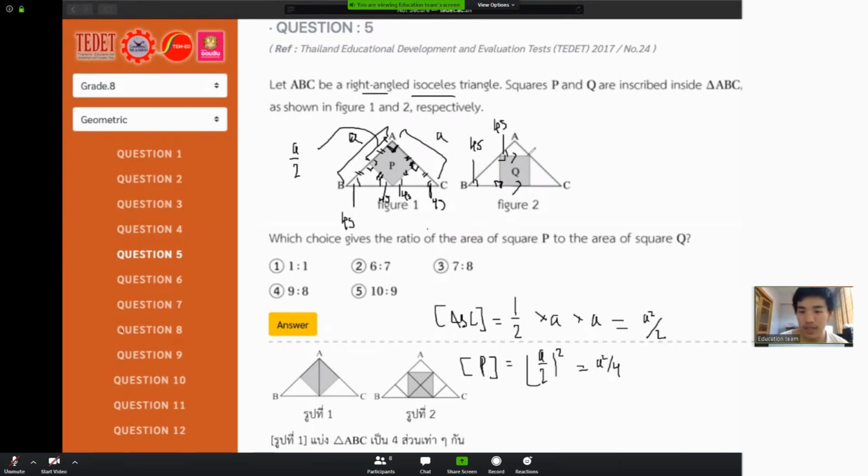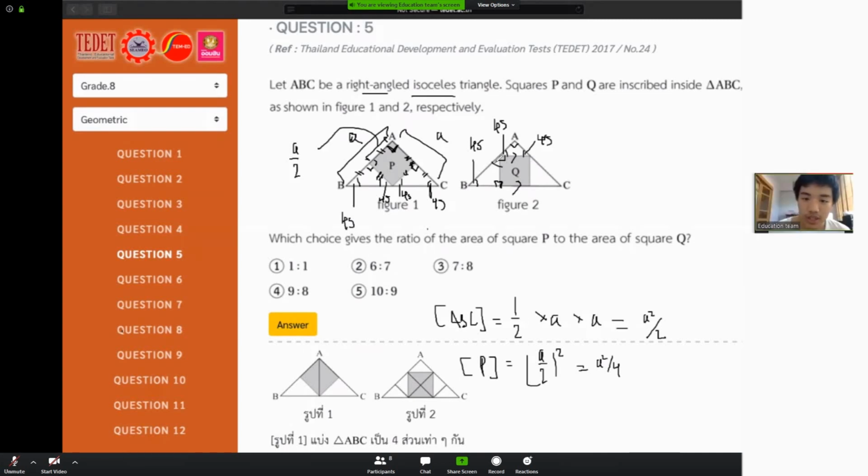If that's 45, same story, that must also be 45. Obviously that's 90, that's 45, which gives us the 45 here. Okay, 45, 45, 45, 45 here, right? It's all 45, they add up to 180, right? That's 90, 45.